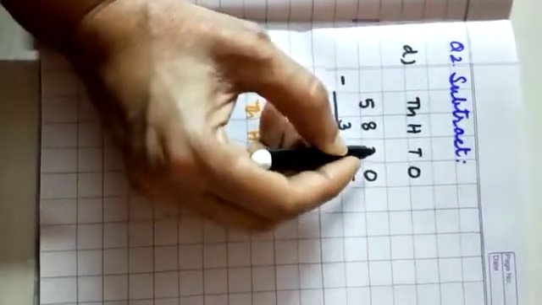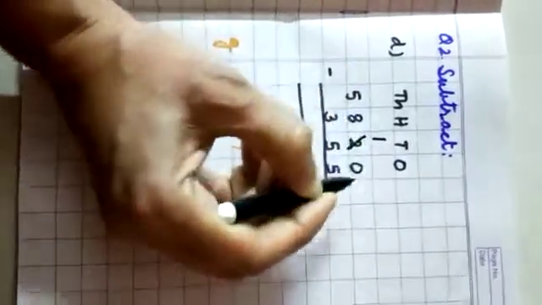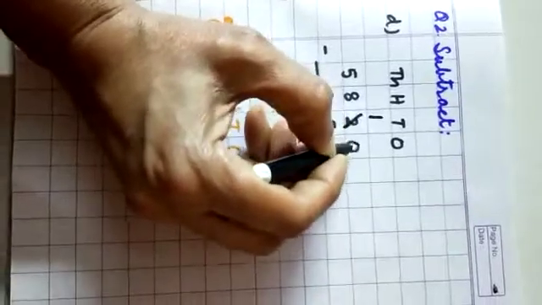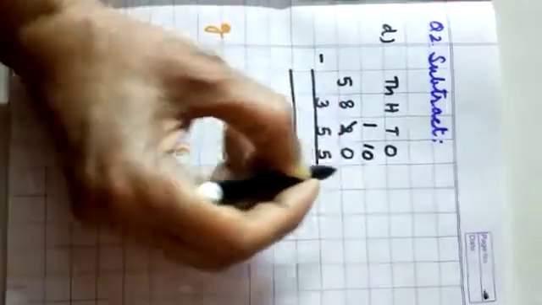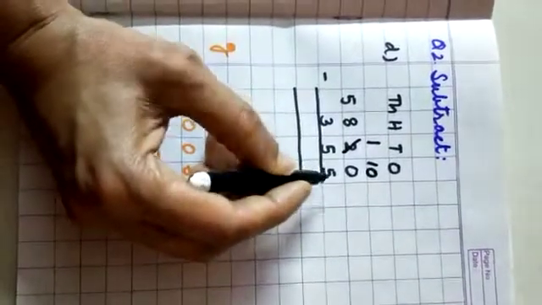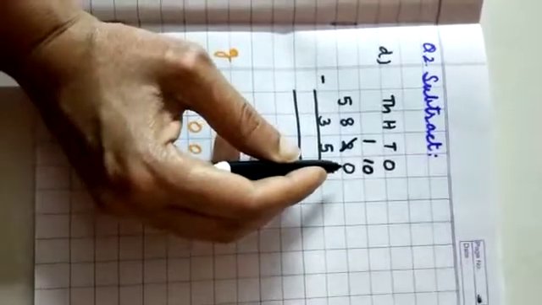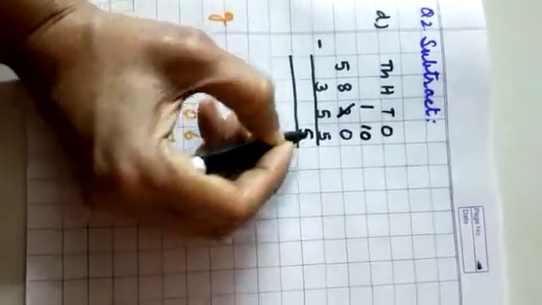We will borrow from 2. This will become 1. And this 10 will come to ones place. 10 plus 0 is 10. Take out your 5 fingers and backward counting after 10: 9, 8, 7, 6, 5. So 5 will come here.